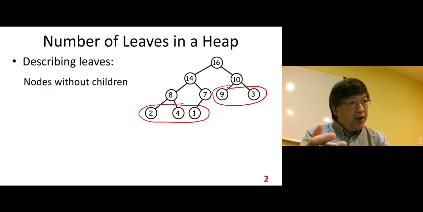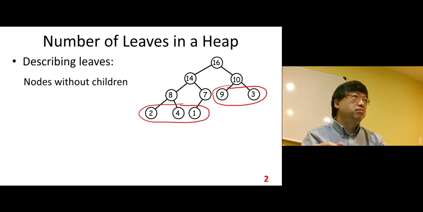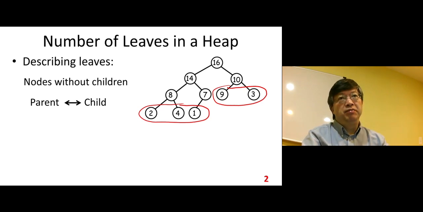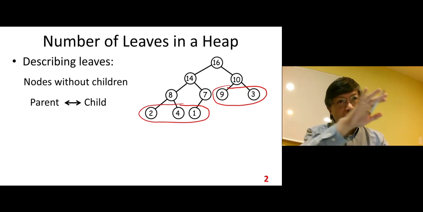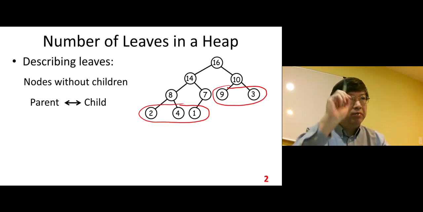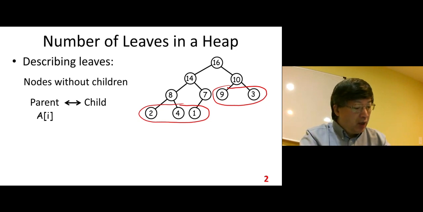So we understand the meaning, but the next thing is, how do we use a formula to represent leaves? We need to look at the parent-child relationship. In the heap structure, when we build a binary tree inside a heap, we use this relationship.